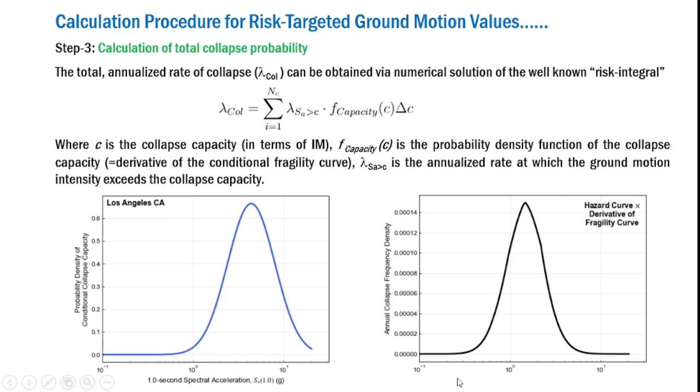Along the x-axis is the intensity measure, the spectral acceleration, and along the y-axis it is the annual collapse frequency density. It's the annual collapse.